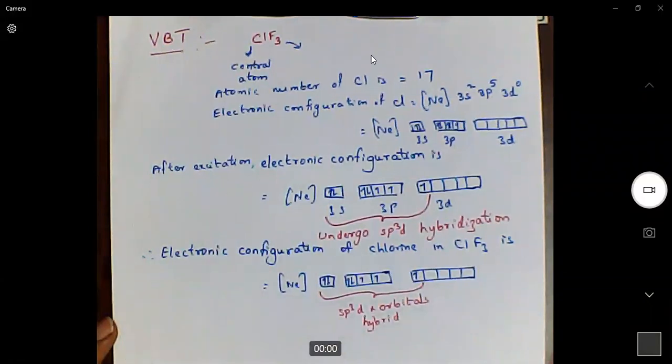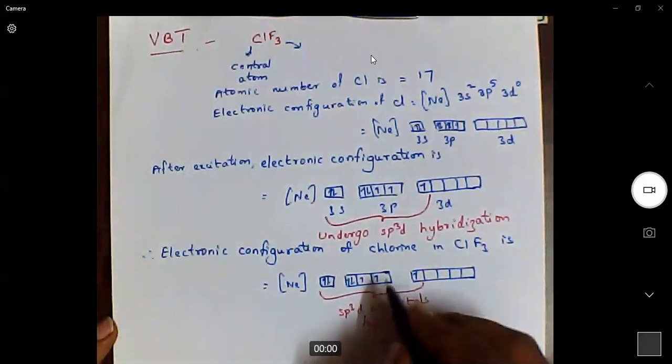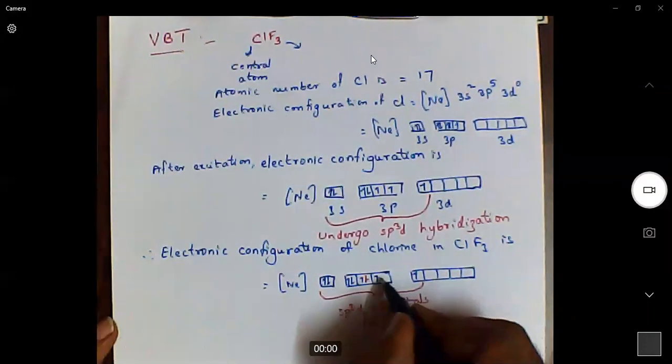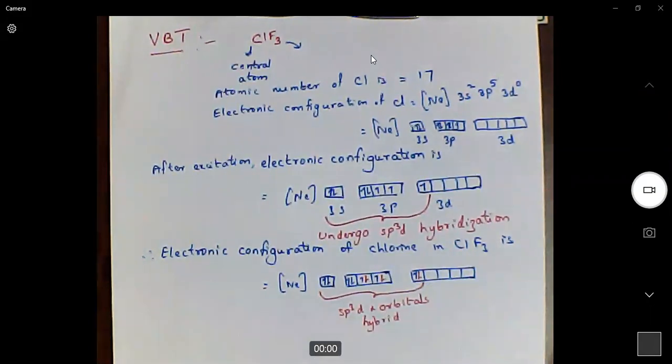Now fluorine donates 3 electrons. Each fluorine will donate 1 electron, so that 3 fluorines will form sigma bonds with the central chlorine atom. Now with sp3d hybridization, what is the structure of the molecule?